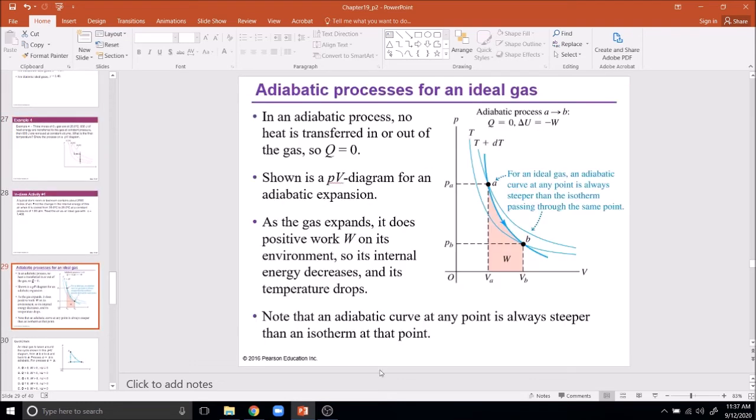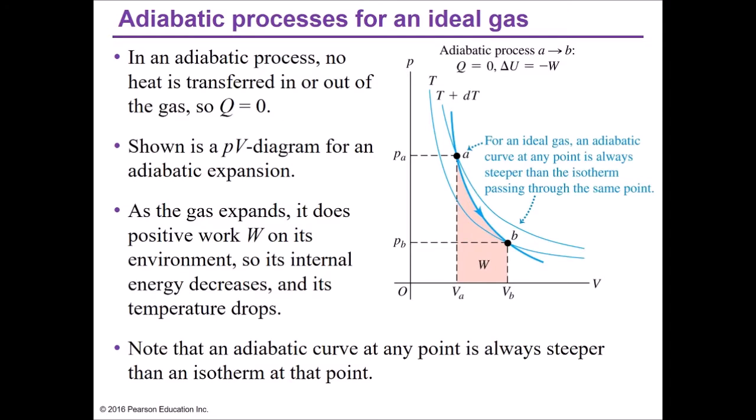All right, last topic here is adiabatic process. In an adiabatic process, Q is 0. The change in internal energy is equal to minus work. The PV diagram illustrates this really nicely. This looks a lot like an isotherm, but if we're increasing the volume, we're dropping to a lower isotherm.